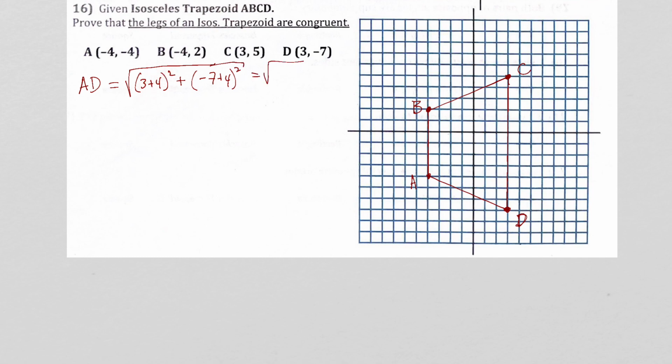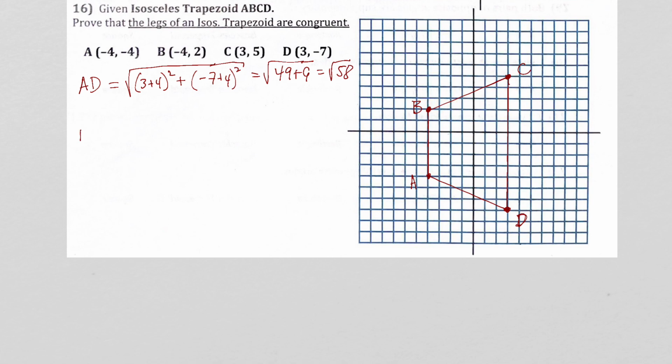This is 7 squared, which is 49. This is negative 3 squared, which is positive 9. So this is the square root of 58. Now let's find BC.